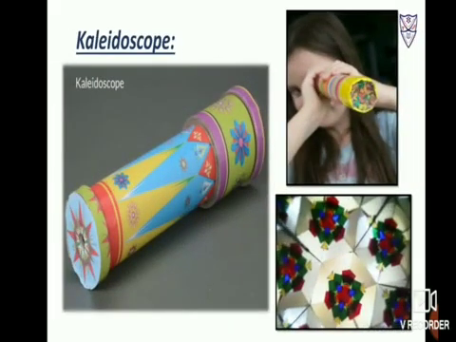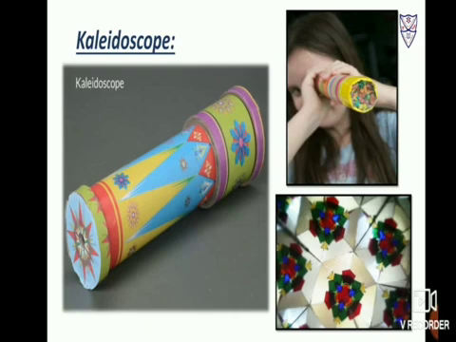Now students, let us discuss the kaleidoscope. A kaleidoscope is a device that uses reflection to produce patterns. It consists of mirrors inclined to each other. The mirrors form multiple images of the object in front of them.